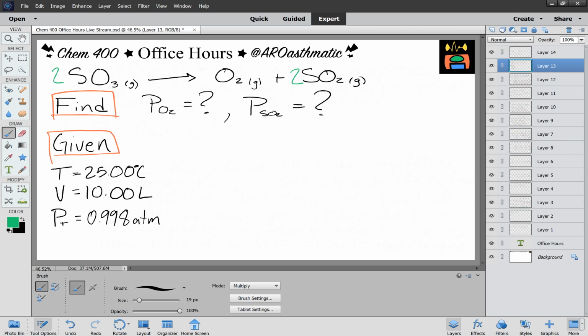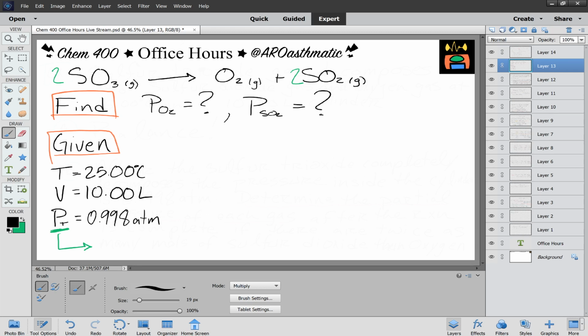All right, and then the last piece of information, well, actually, before we go there, we've been told the total pressure, and the total pressure is part of an algebraic equation. So one tip-off is total pressure. The second is we're asked to find partial pressures, right? So this should be triggering something in your brain.